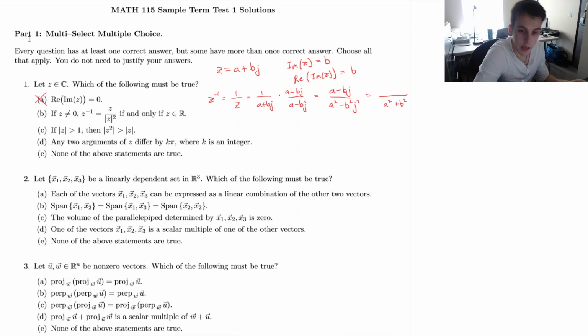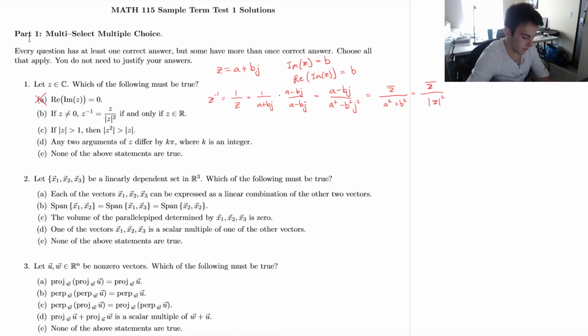The numerator, a minus bj, is just z conjugate. And the denominator, a squared plus b squared, is just the magnitude squared. It's the magnitude, but without the square root. So we have something very similar: z conjugate over the magnitude of z squared.